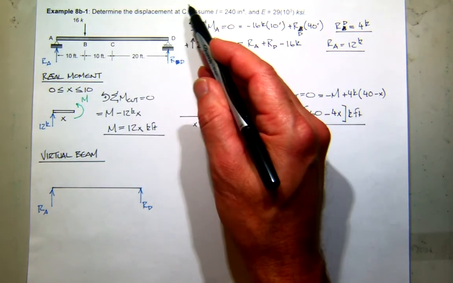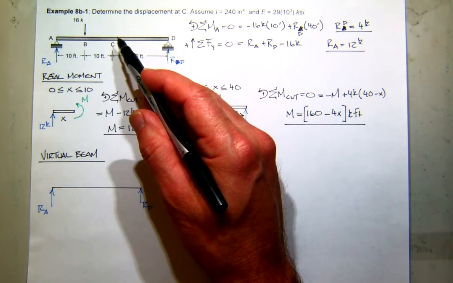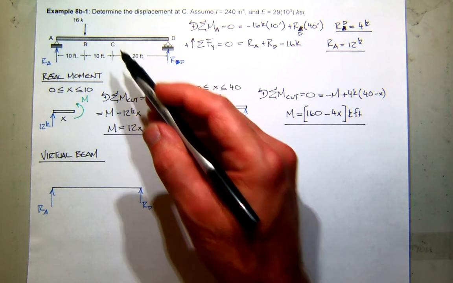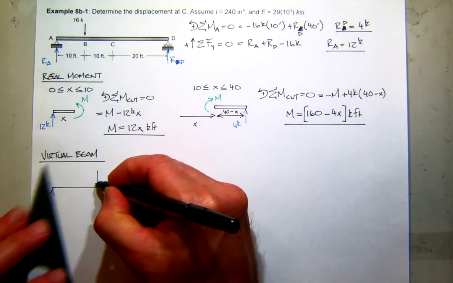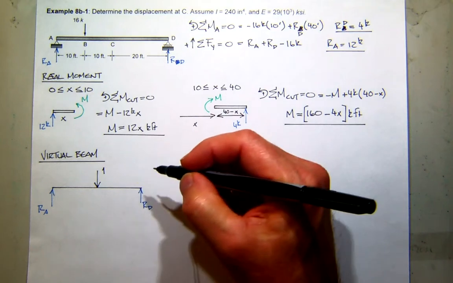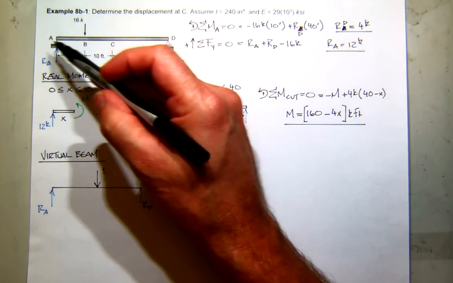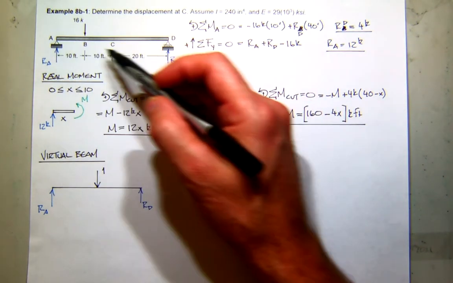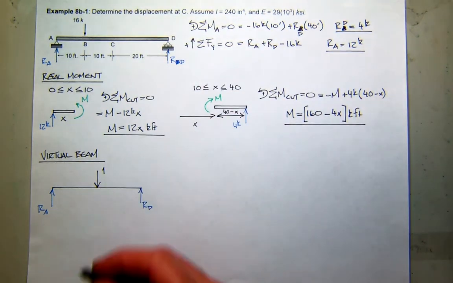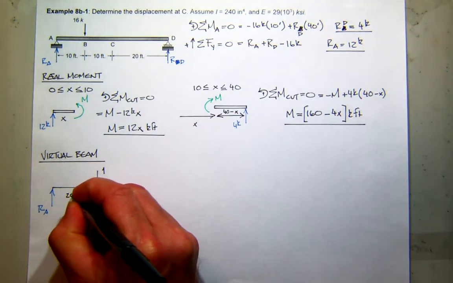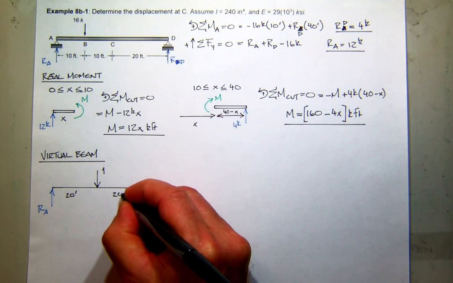We want the displacement at C, which is right here. That's the midpoint. So what do I put at C? My virtual load. And I'm going to assume that it acts down. I think under this load, I expect my beam to have negative displacements everywhere, all down. So I'm just going to go ahead and put my virtual load there. And it has right in the middle. So that's 20 and 20.